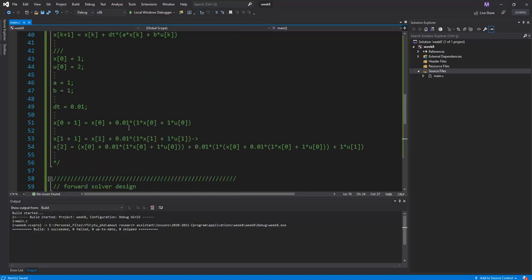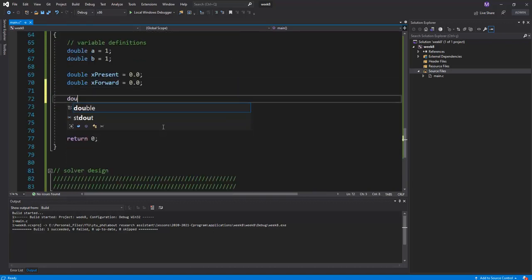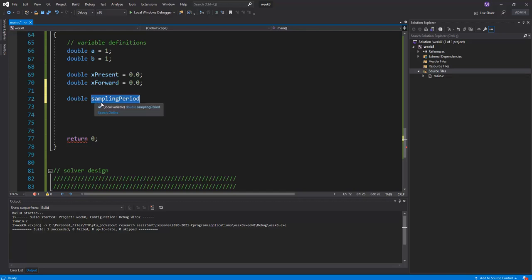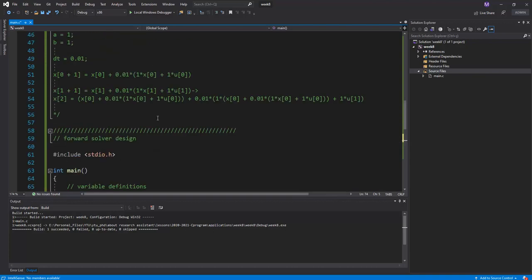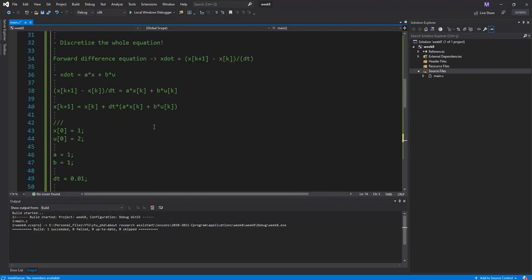And we also need to define the double sampling period in here, or dt may be used as a name in here, but in the expanded form we should describe the sampling period. Generally, in the microprocessor or the computers, 0.001, or 1 millisecond, can be selected as a sampling period, okay?